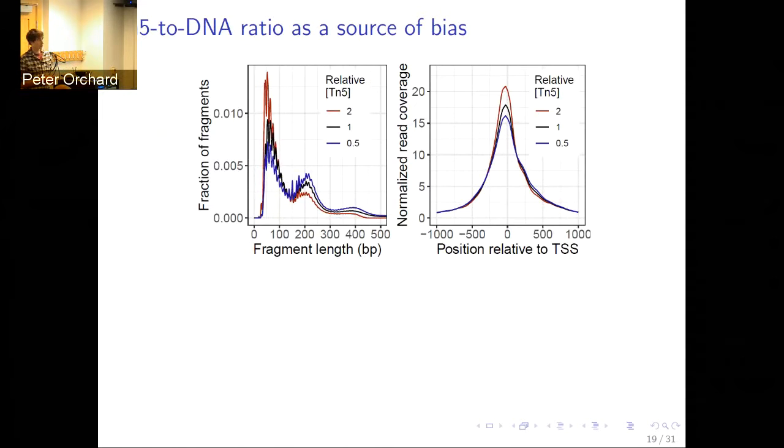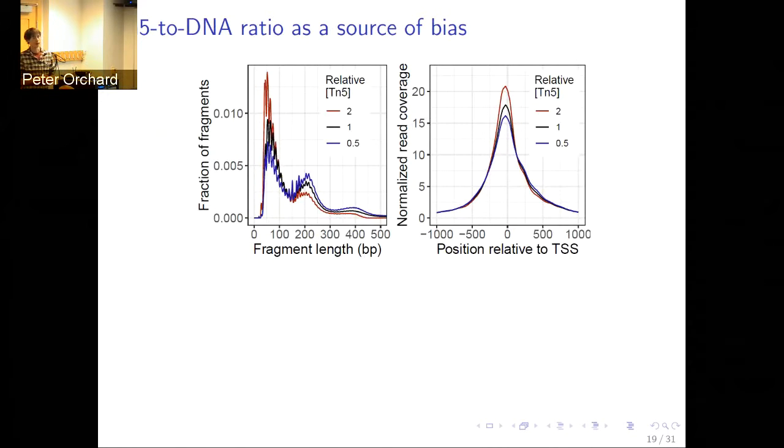If you reduce the amount of TN5 you add in, you see a shift towards longer fragments in the fragment length distribution, which intuitively makes sense because that enzyme cuts DNA and you're putting less of the enzyme in. Therefore, you expect a lower density of cuts and longer fragments. And indeed, if you double the TN5 instead, you get shorter fragments. So you see the shift in the fragment length distribution that you would naively expect to see.